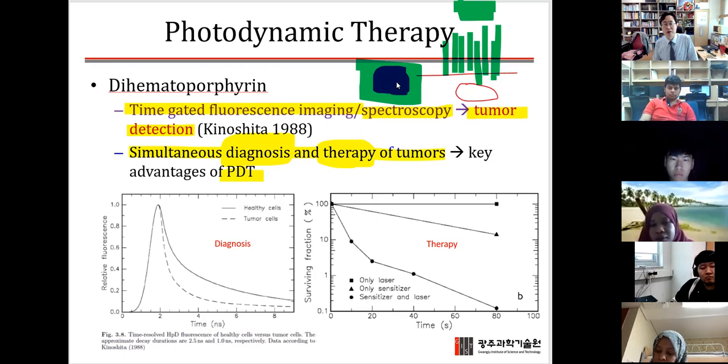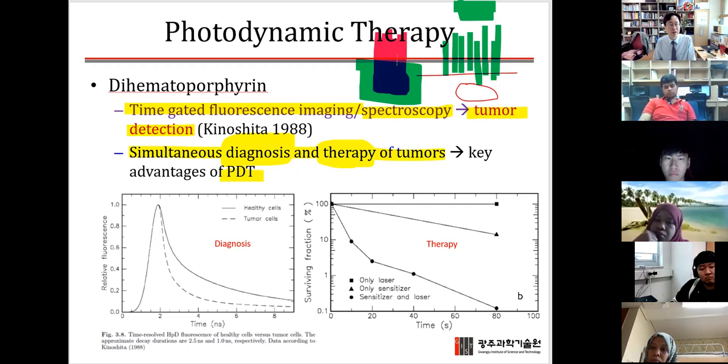And then what you can do is give the light only into this region. Then you can minimize the normal cell death surrounding the tumor. So this fluorescence can be used to identify the location of the tumor, and then you can give the light to the tumor region to have the tumor tissue die.